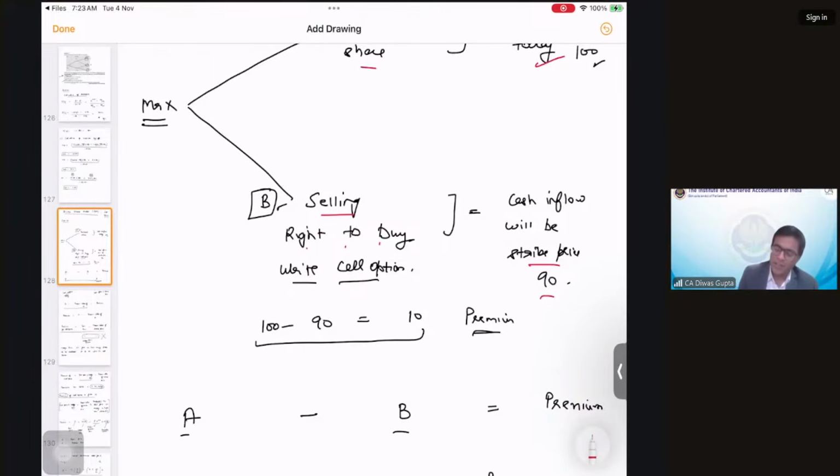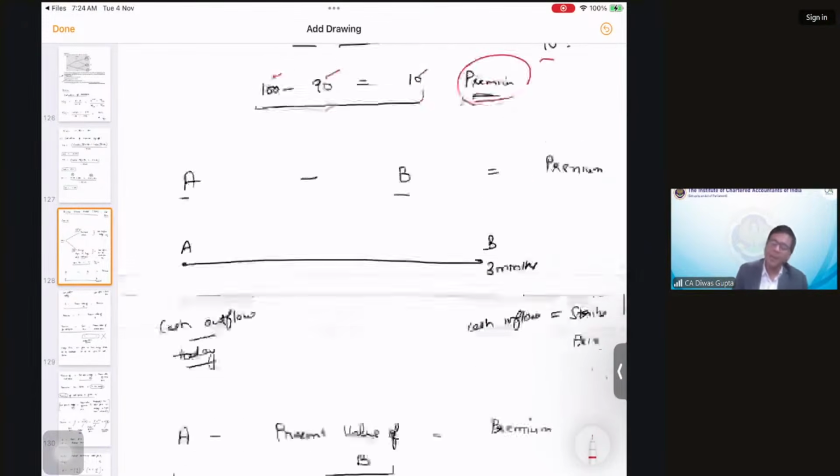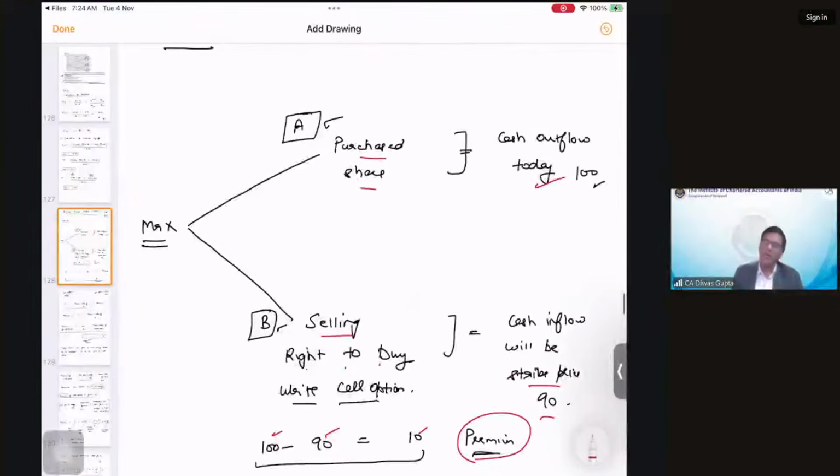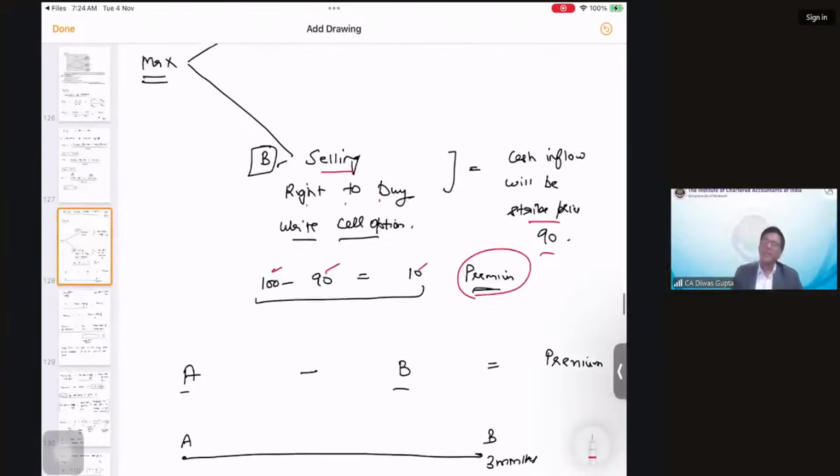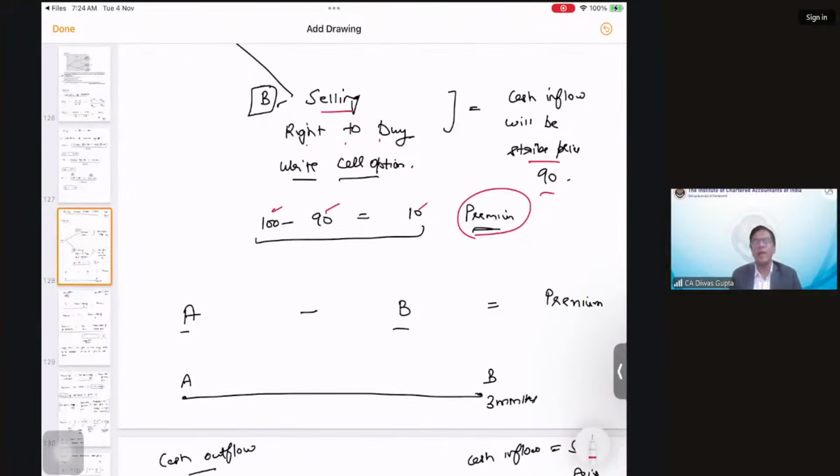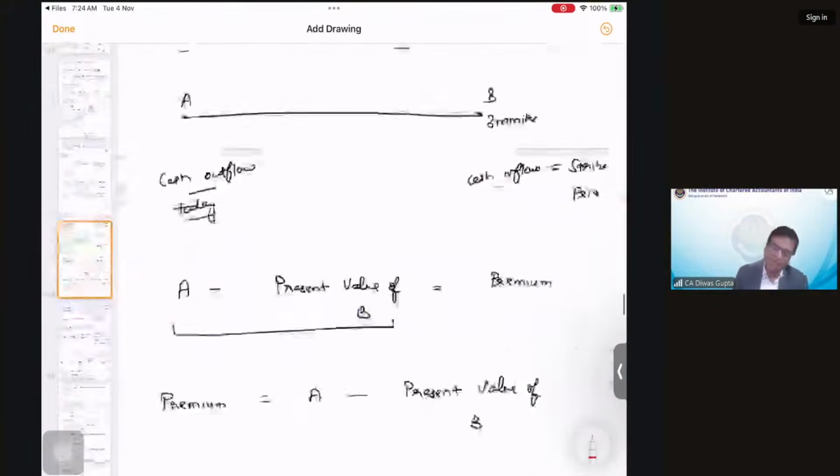So 100 rupees I purchase something, 90 rupees I will sell something, I will get a 10 rupees loss. This 10 rupees loss I will recover as premium. So hence it becomes the premium. So A minus B becomes the premium, where A is the cash outflow today and B is the cash inflow that will happen in the form of a strike price.